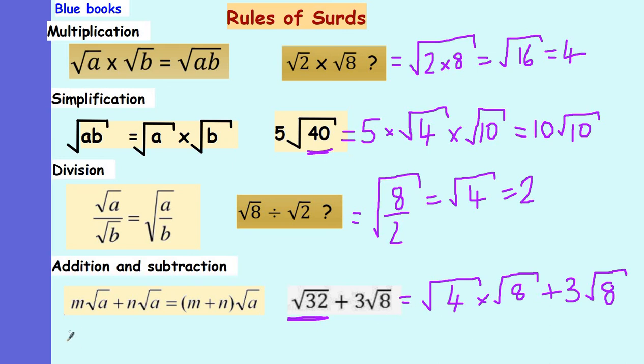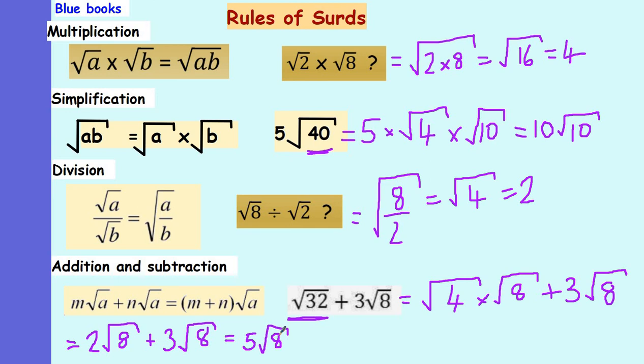The square root of 4 is 2, so I can write that as 2 lots of the square root of 8 plus 3 lots of the square root of 8, so altogether I've got 5 lots of the square root of 8.